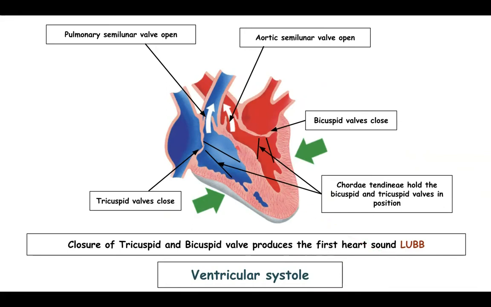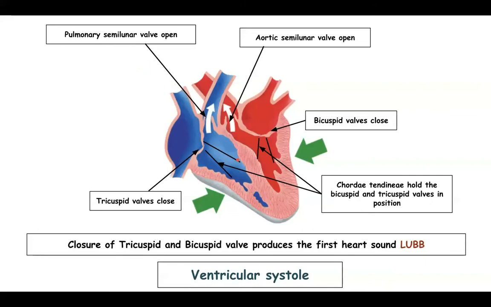Now, when they close, the blood has only one direction, that is to flow forward. So the blood goes into the pulmonary artery, the pulmonary trunk. The valve present at the base of the pulmonary trunk, the pulmonary semilunar valve, will open.